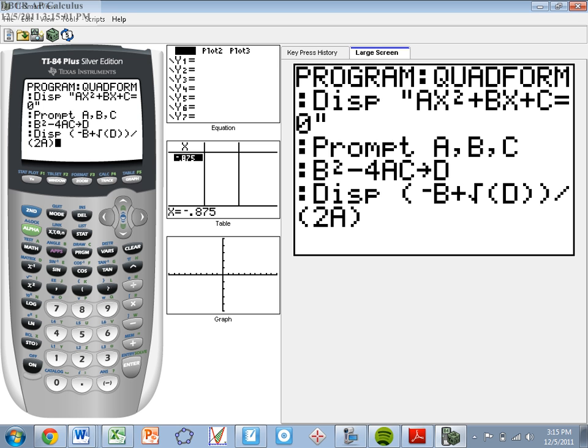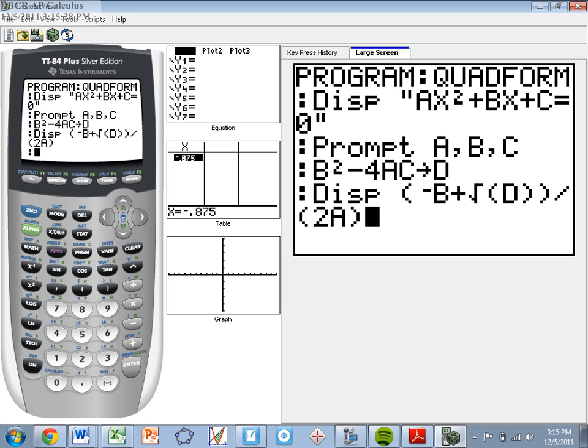Again, your denominator must have parentheses around it. Programs. Go over. Again, you have got to have parentheses around the right stuff here, or else it will not work.